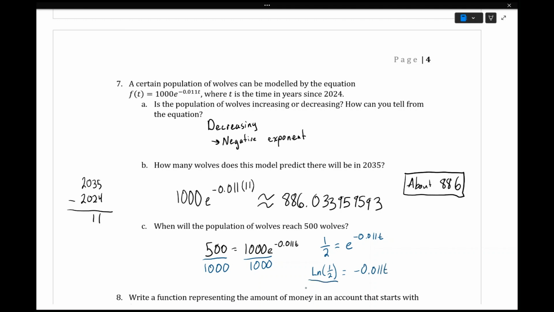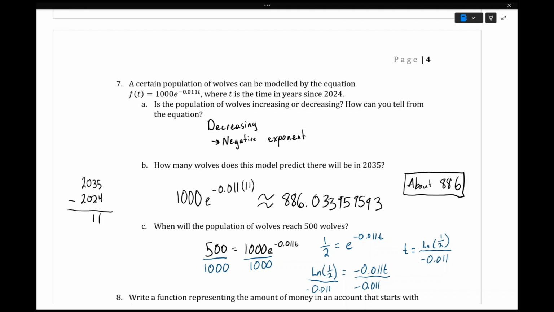Now, natural log of 1/2 is just a number. It's a weird number, but it's just a number. I'm going to divide that number by negative 0.011. And that tells me that t is going to equal natural log of 1/2 over negative 0.011.